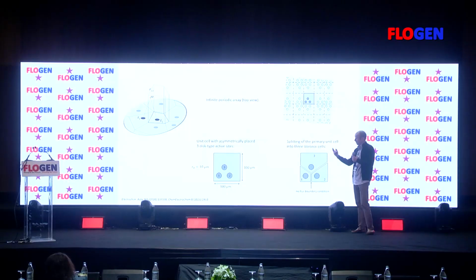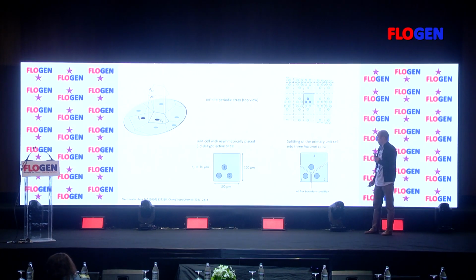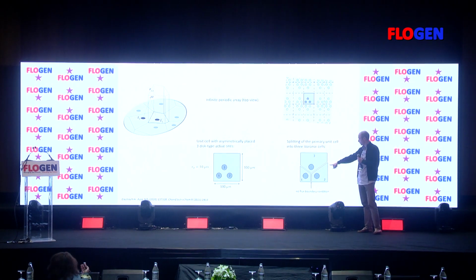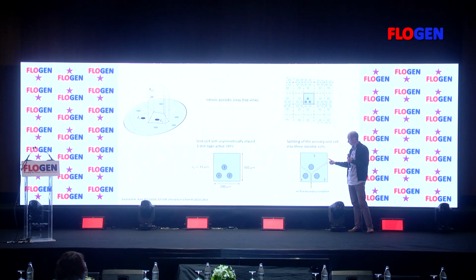And what we want just to compare is how the current densities are distributed for this kind of system. And we would like to compare with our model representation, which I showed you before, based on the Voronoi tessellation, where each of the active sites is located in its own Voronoi unit cell. So basically, there is no interaction between the electrodes in this case.